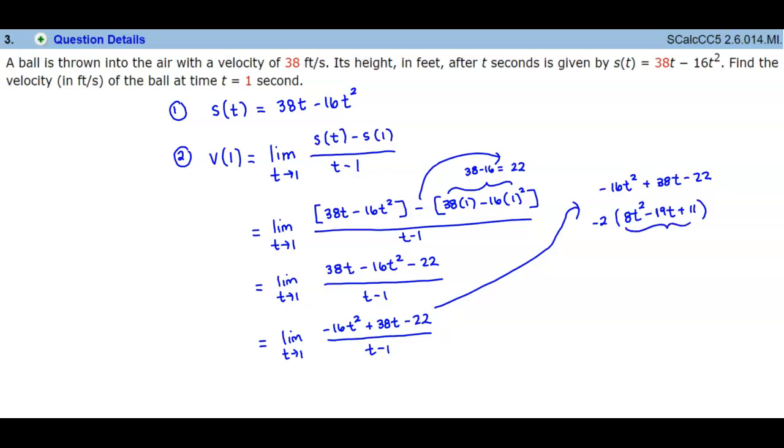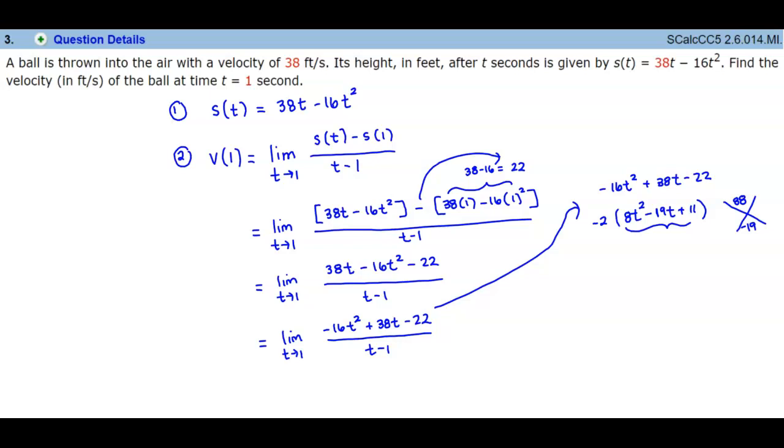AC method. So we know that A times C is 8 times 11, which is 88, and the middle number is 19. So what two numbers can we multiply to get 88 that when we add them together is going to give us negative 19?